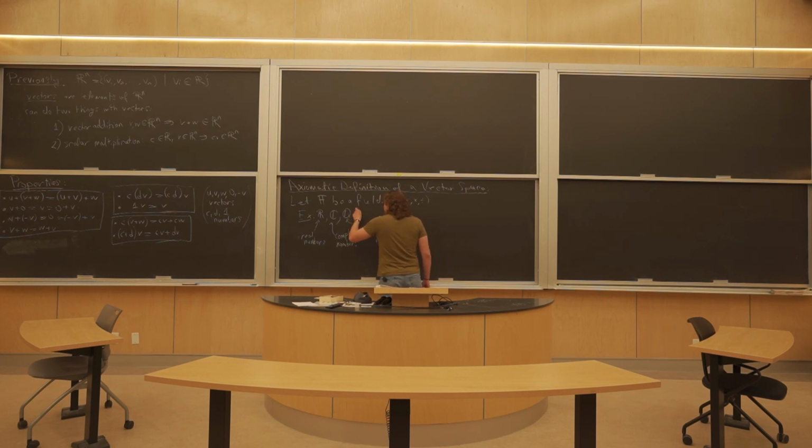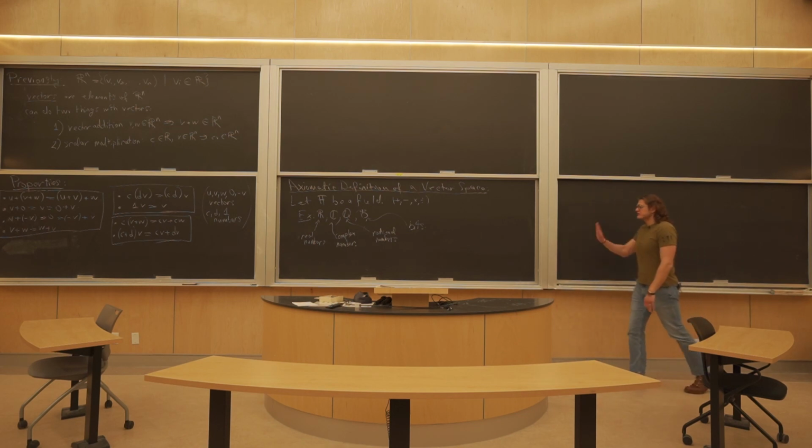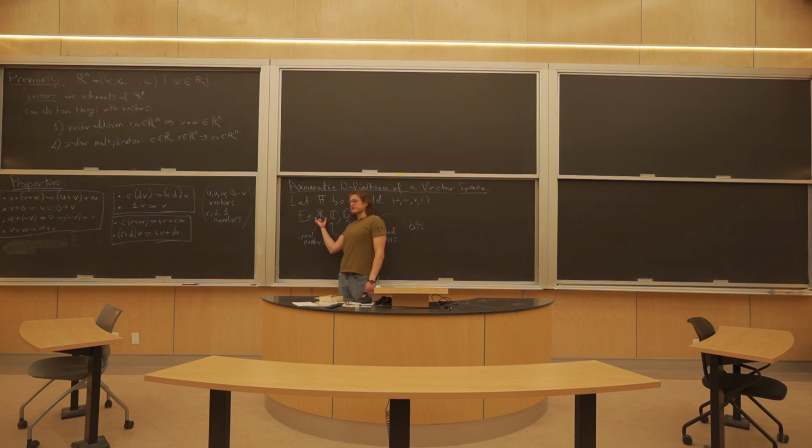And let me add one more. Let me call this B. These are the bits. All four of these, and there are many more of course, but let's just keep these as examples. And really, I'm only going to focus on this for the most part in this class.